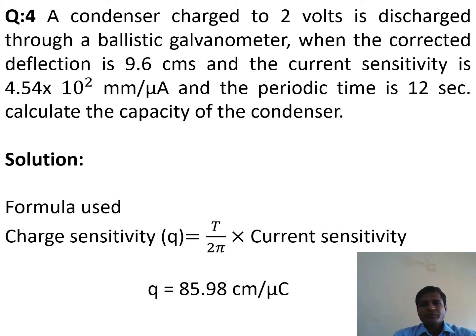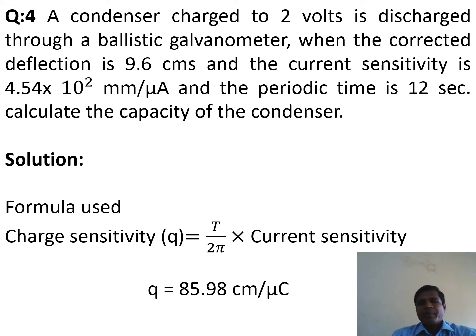Solution. The given quantities in the problem are: voltage is given, that is 2 volts. The current sensitivity is given, that is 4.54 into 10 to the power 2 millimeter per microampere, and the deflection is 9.6 centimeters, and capital T, that is periodic time, is 12 seconds. The formula that is used in this problem is charge sensitivity Q is equal to T upon 2 pi into current sensitivity.